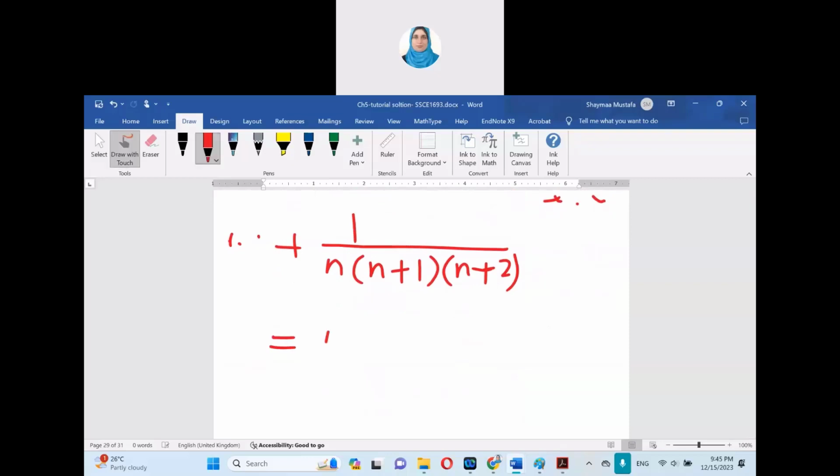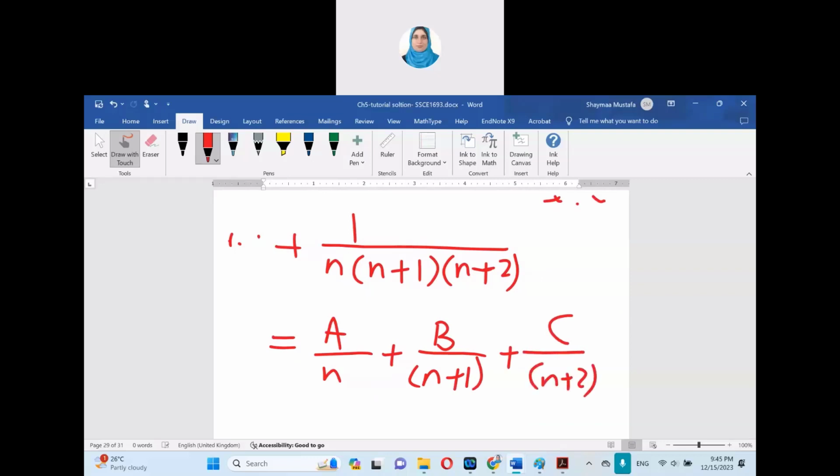Then you need to write A over n, plus B over n+1, plus C over n+2. Then you have to find the values of A, B, and C.